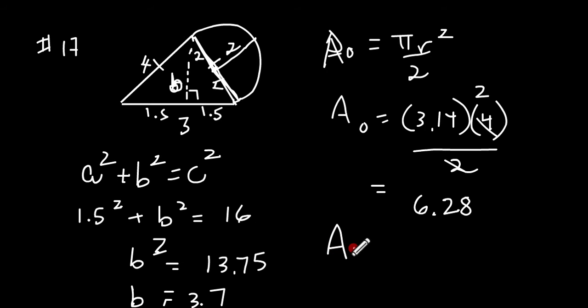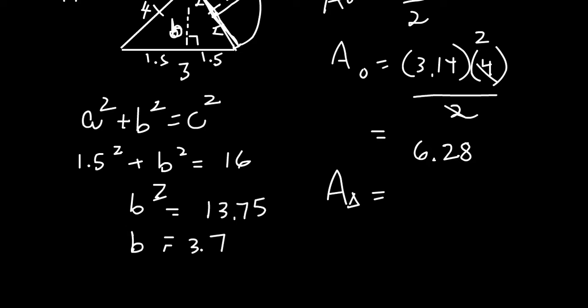The area of the triangle equals 1/2 the base, which is 3, times the height, which is 3.7. Let me just do that in the calculator. 3.7 times 3, divided by 2, is 5.56.